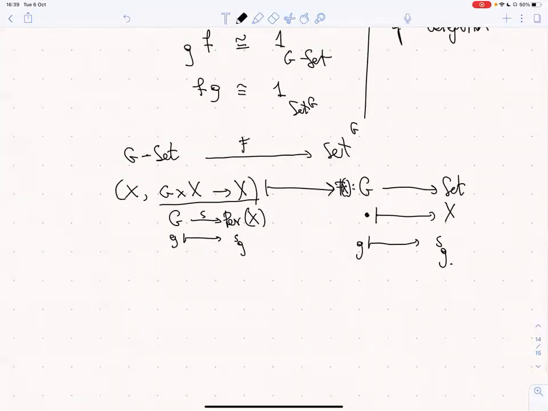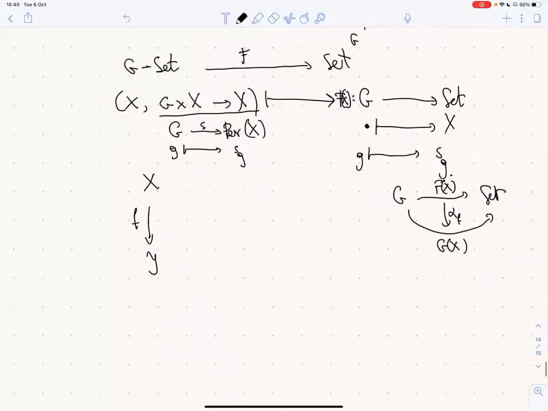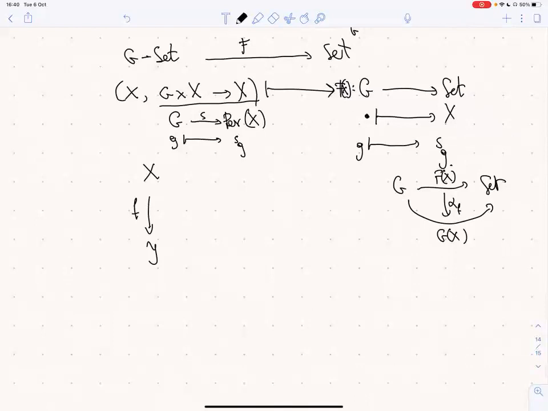Now we can check together that when you have X, Y, f, when you have a G equivariant function, then what you get is a natural transformation between F of X, sorry, I should change notation, between F of X and F of Y. But after all, what is a natural transformation? After all, a natural transformation is just a function, because of how we chose the thing.